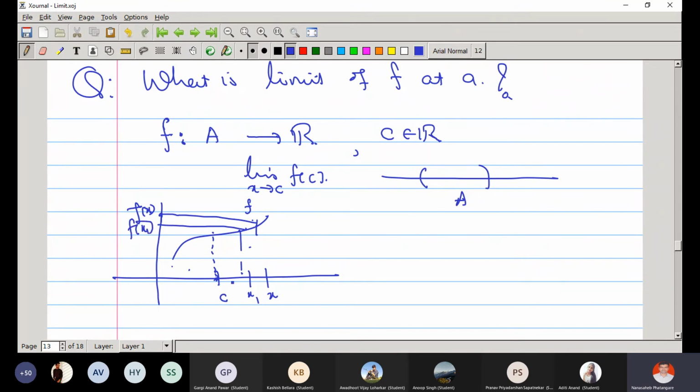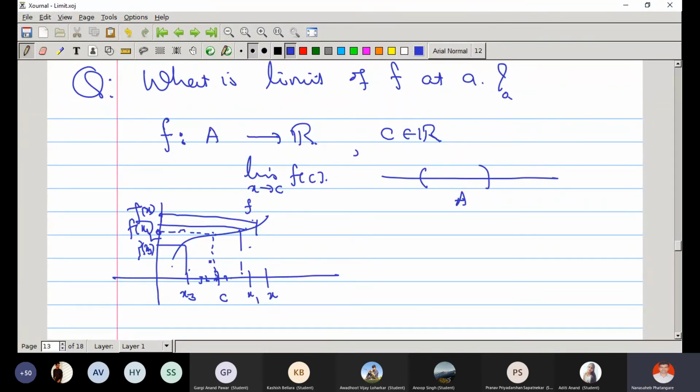Still closer, right? On this side or that side, doesn't matter. If my x3 is here, then f of x3 is here. That means if I go closer and closer to see ultimately where f of x is going, f of x is going towards some number L, right? Then I say that as x tends to c, f of x approaches L, and therefore the limit of the function at c is L. So this is what I want or I expect, correct?